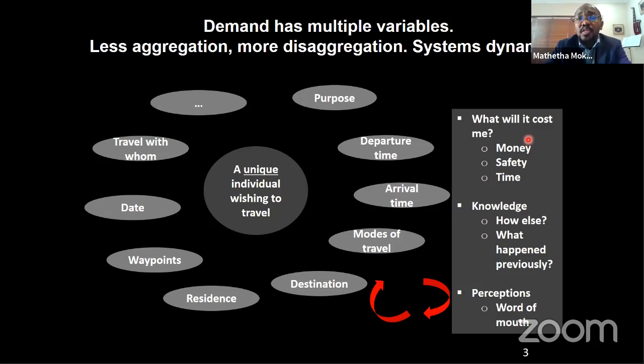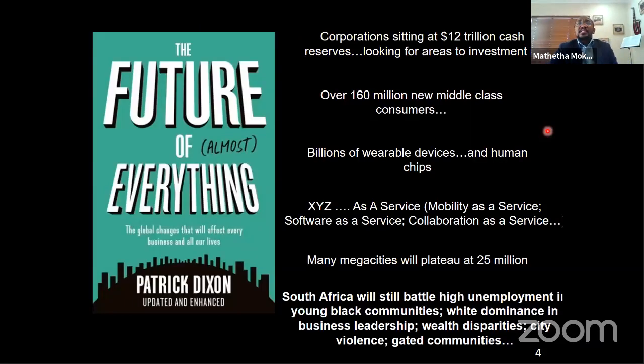So more and more going into the future, we will be required to challenge ourselves in terms of how we model demand, and it requires us to represent variability, improve how we represent variability. And books like this one, Future of Everything, there are some things that we note there. Things like the money that is sitting in these large corporates, estimated, for example, at $12 trillion in cash reserves just waiting to be invested.